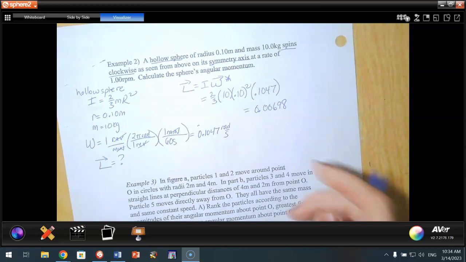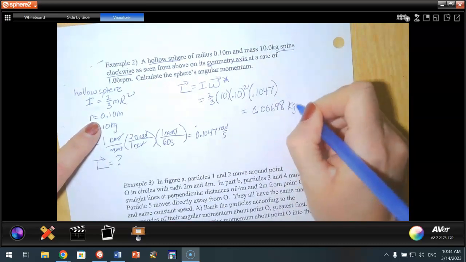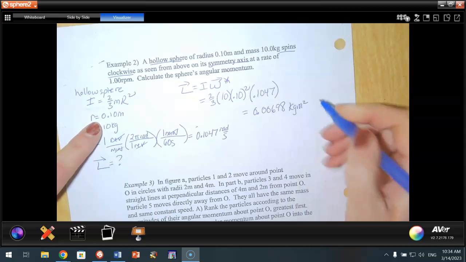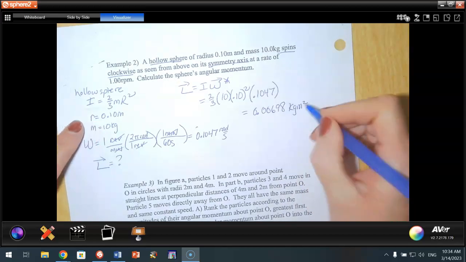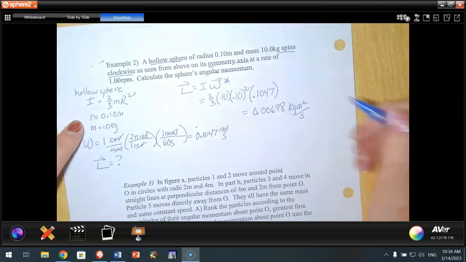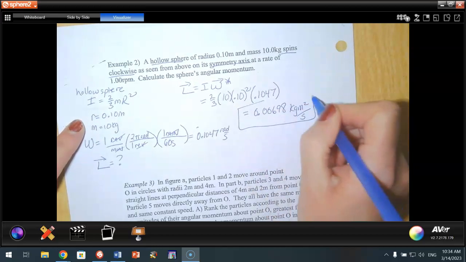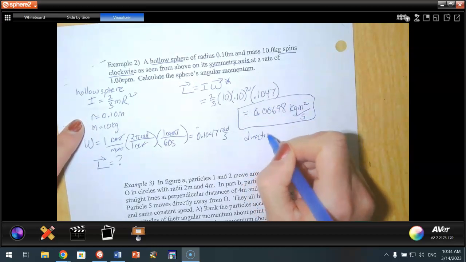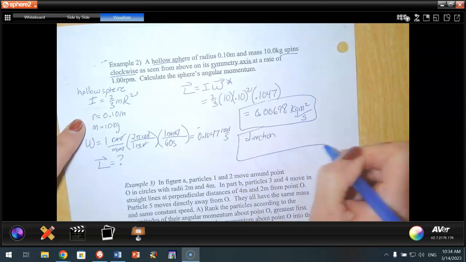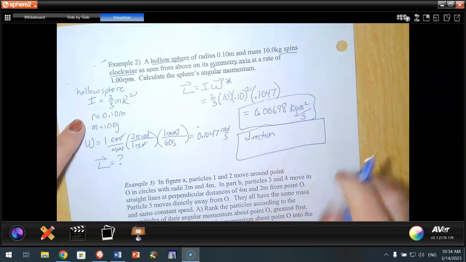And then the unit is a unit of I, kilogram meter squared, times a radian per second, but a radian is unitless, so it just takes the per second part. And then this does have a direction, but when I get back, we'll talk about it. So for right now, we'll just make a blank for that.